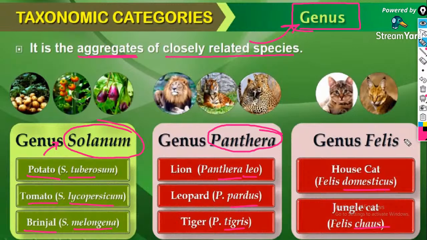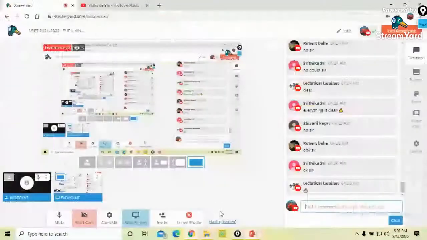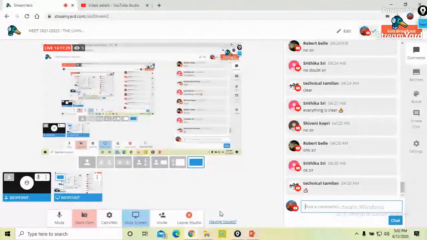Guys, comment in the chat section whether you are understanding up to the genus or not. Fast, tell me whether you are clear with the topics or not. Tell me fast in the chat section. Don't waste time.